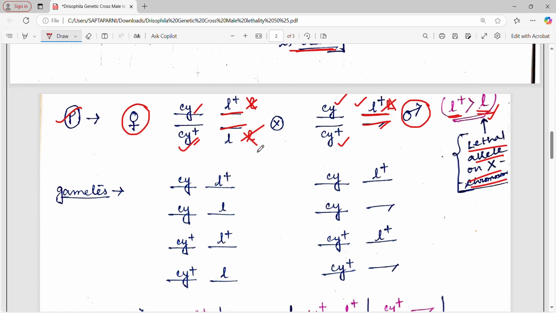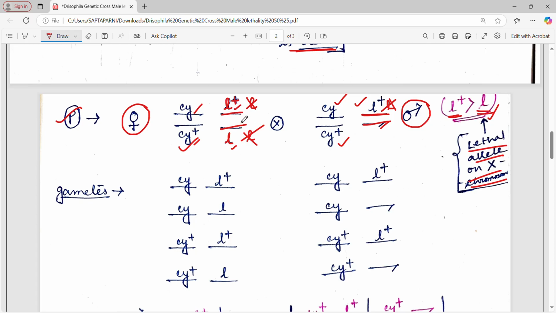So we must introduce an l allele here. So the l allele will be introduced on one X chromosome of the mother, whereas the other X chromosome of the mother will carry L plus, and the mother will be viable. Why? Because L plus is dominant over l, so in heterozygous condition the mother will be viable.